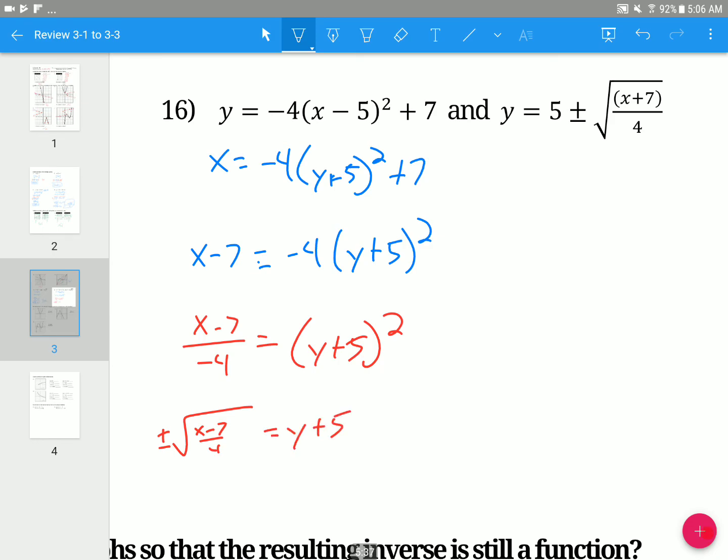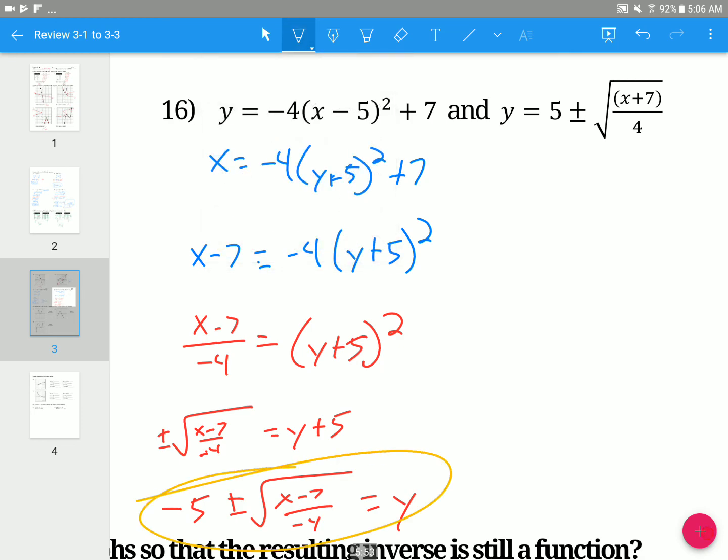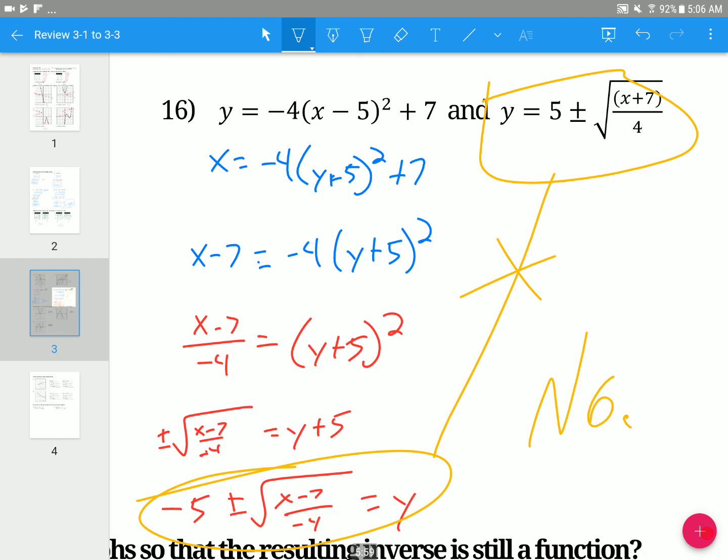And then last but not least, let's subtract the 5. So that's negative 5 plus or minus the square root of x minus 7 over negative 4 equals y. And last I checked, that does not match that. So no. There you go.